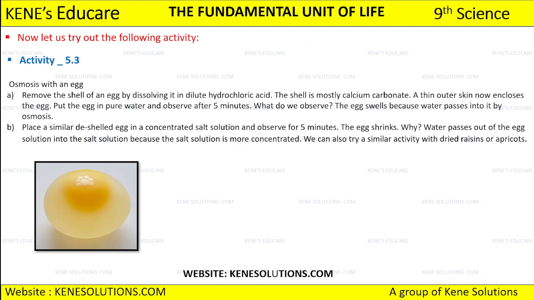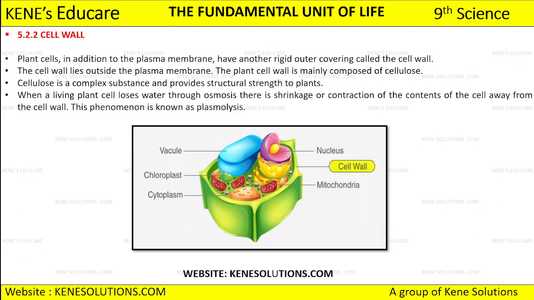Okay. Now, after that, we discussed the cell wall, where we saw that along with the cell membrane, plants also have another rigid outer covering. Now, animals do not have this cell wall. Okay, so plants के पास होता है ये rigid outer covering, which we call a cell wall. अब ये cell wall कहाँ पे होता है? It lies outside the plasma membrane.